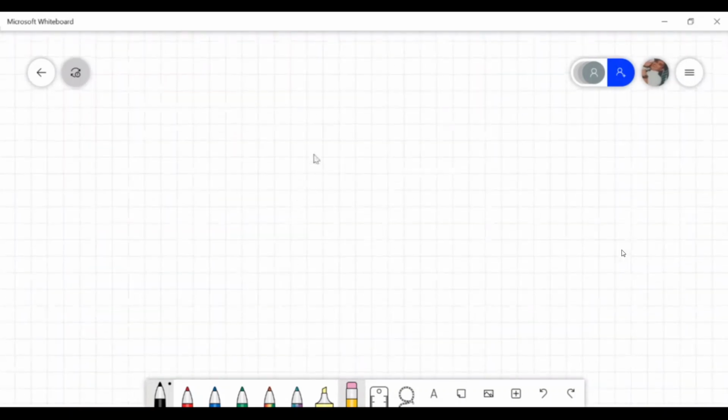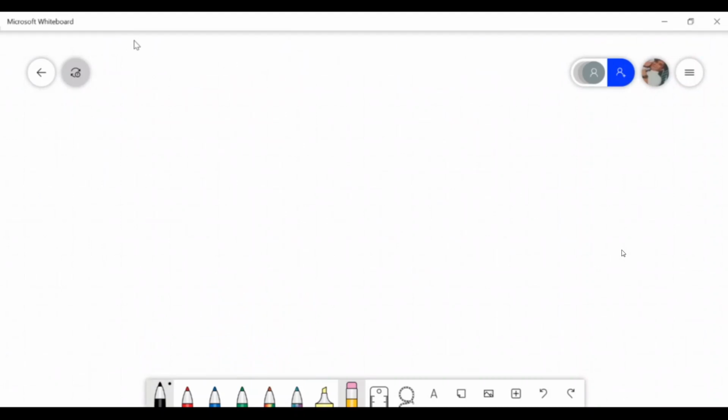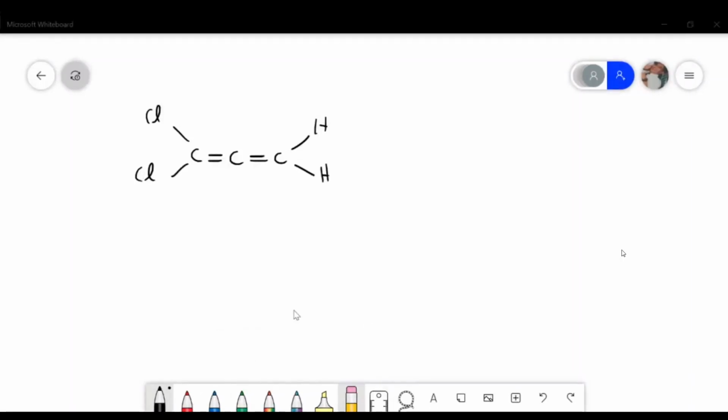To illustrate with an example, have you heard of amines? So this thing, do you think this is chiral or not chiral? Do you think this has enantiomers? Chiral or not chiral?